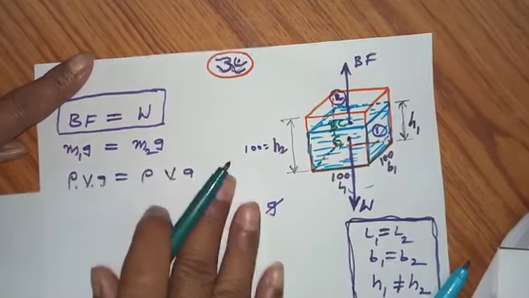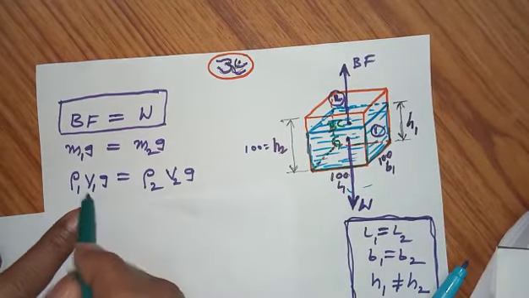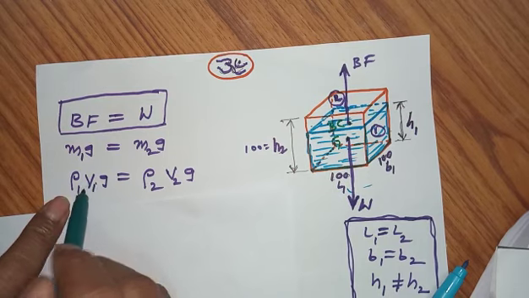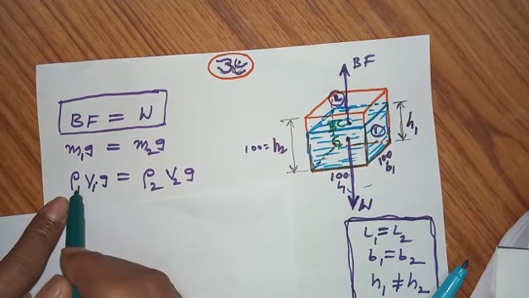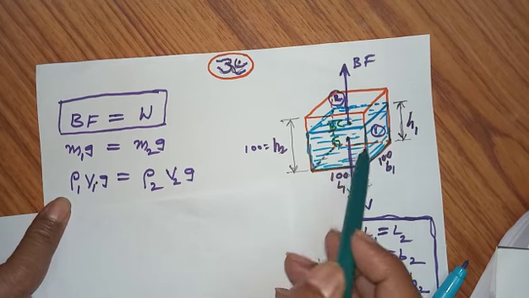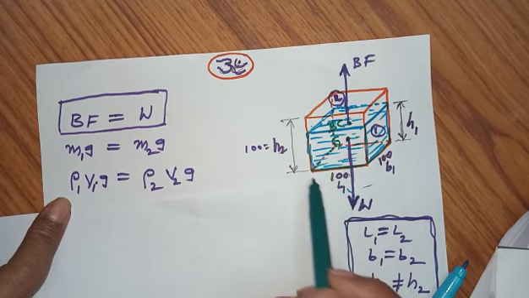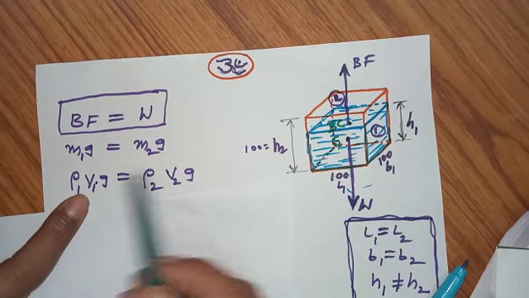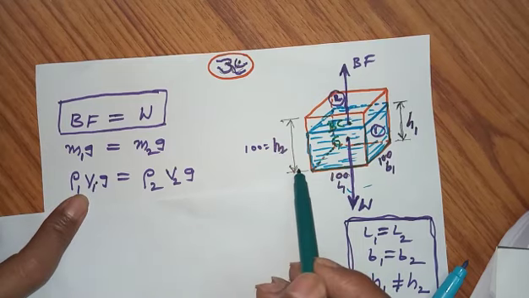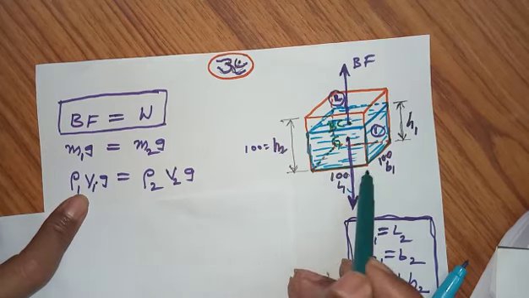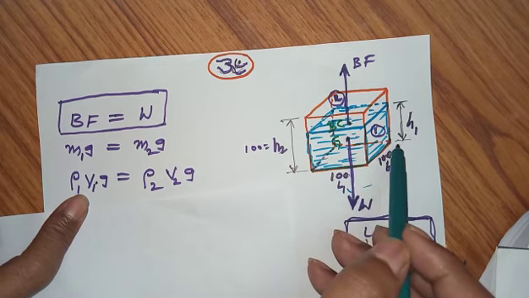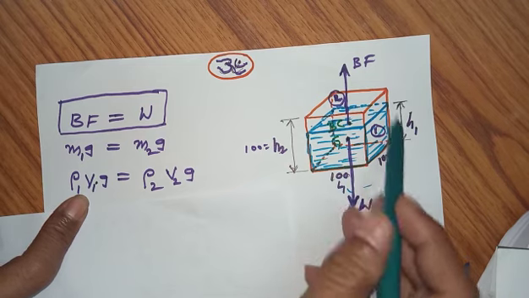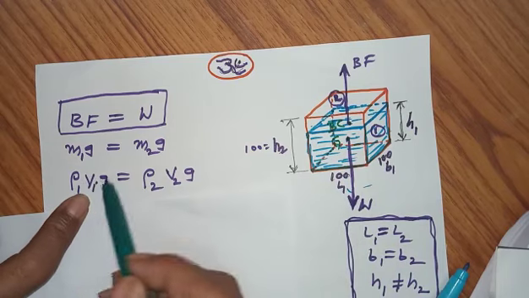M1 is mass, that is density into volume. The density of the liquid is given as 1000 kg per meter cube, into volume. What is volume? This is the length, breadth and depth. The product of these three gives the volume, into G.